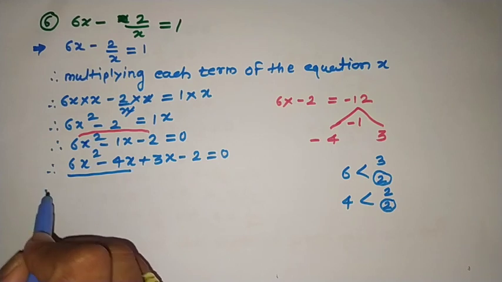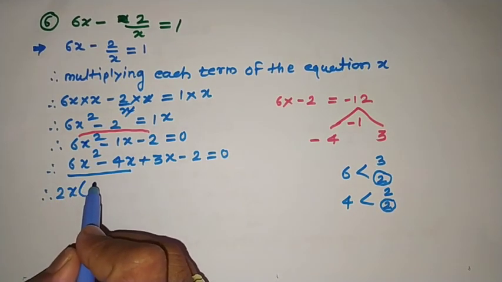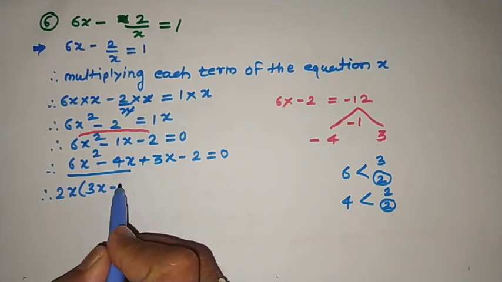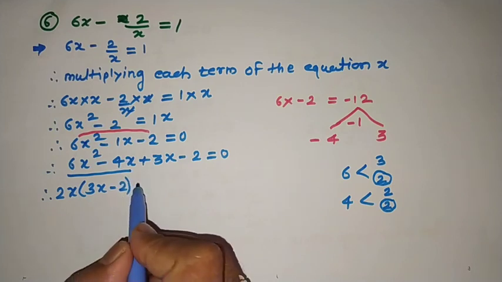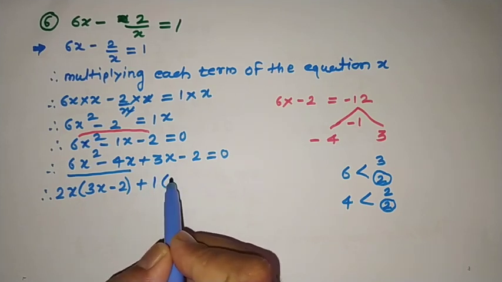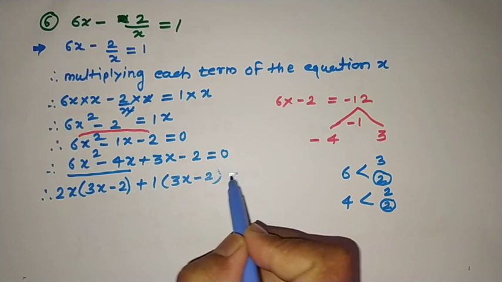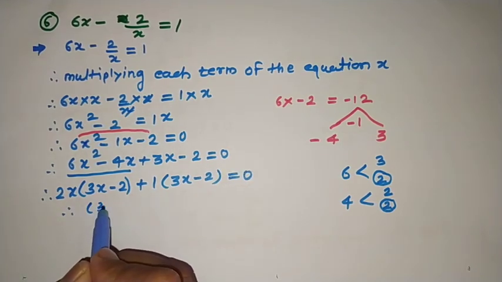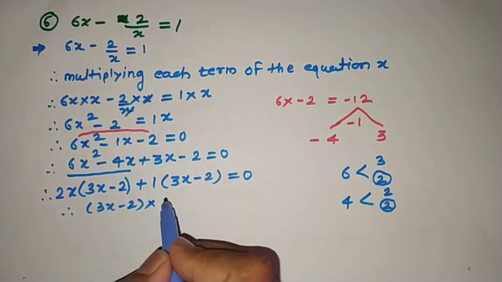Write down 2x as the common factor. First term remaining 3x minus 2, second term remaining 3x minus 2 is equal to 0. Therefore 3x minus 2 is the common bracket and the remaining part is 2x plus 1 is equal to 0.